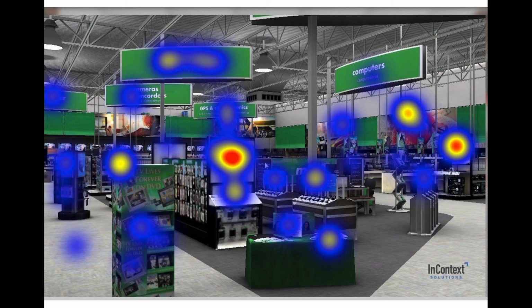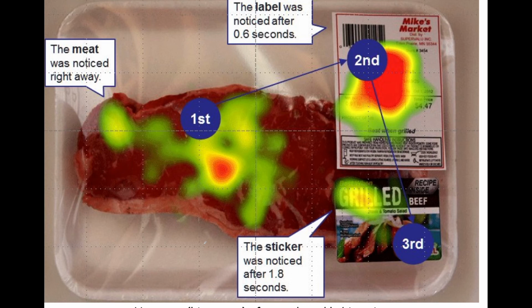You'll notice when you go into a Best Buy, they always place items like the flat screen TVs that are on sale right here as you first come in. That's a deliberate decision because that's where you're going to look first. Okay. So it's also used in package design.